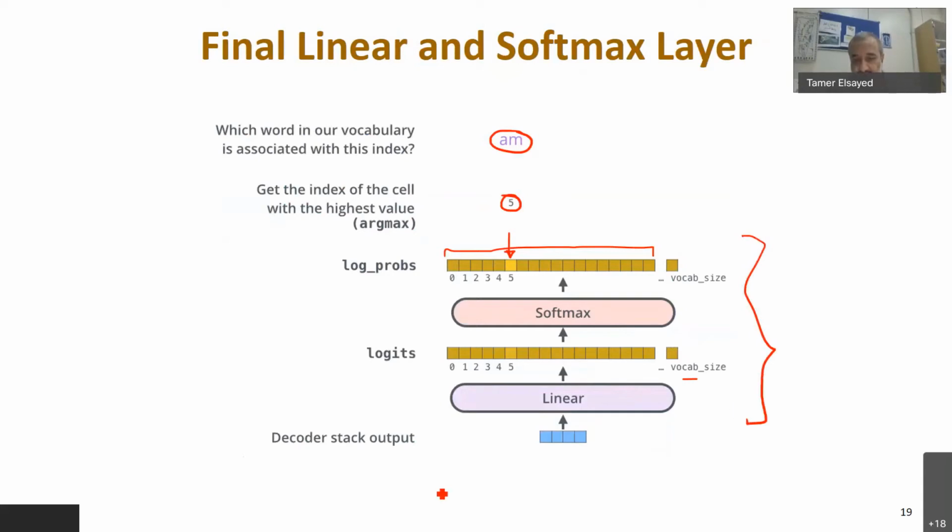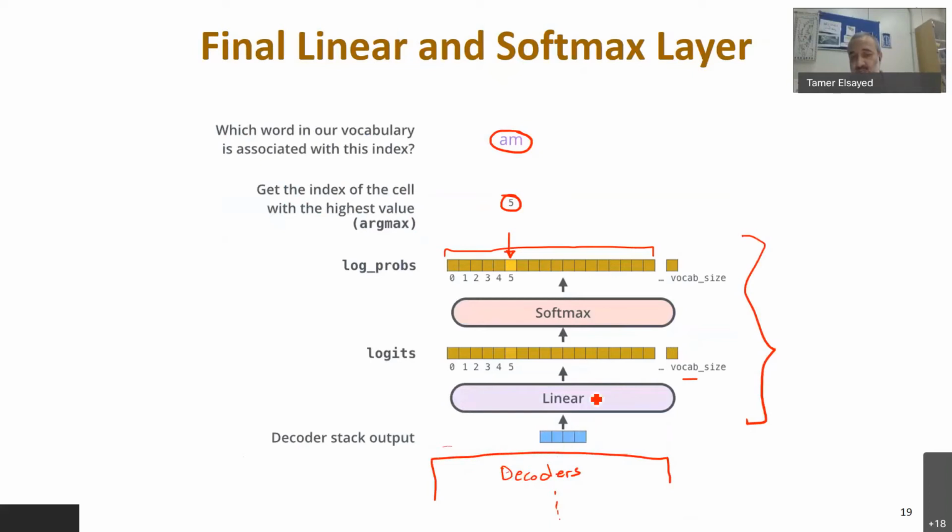All of that is above the decoders. So that's the decoder stack here. At the end of the decoder stack there are embeddings, that's the output of the decoders.